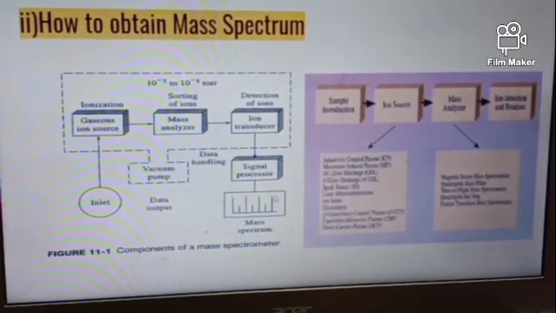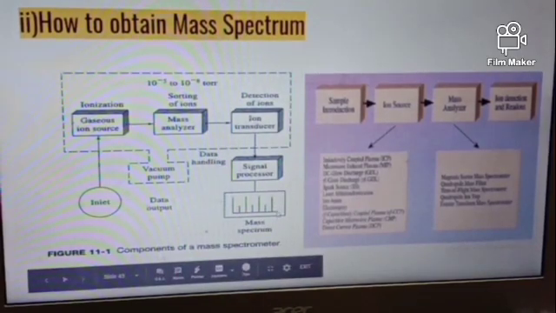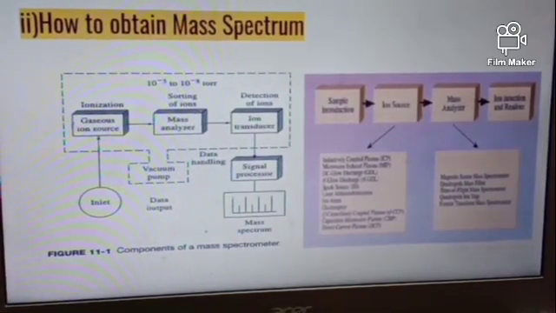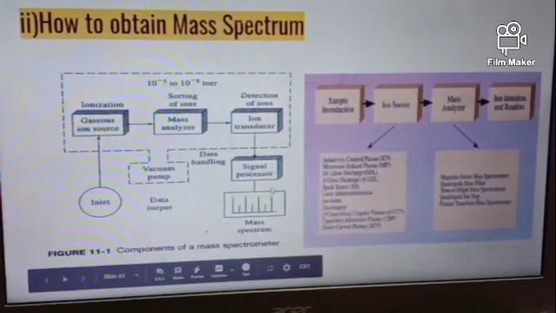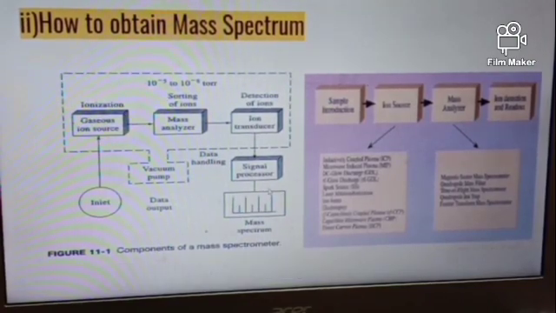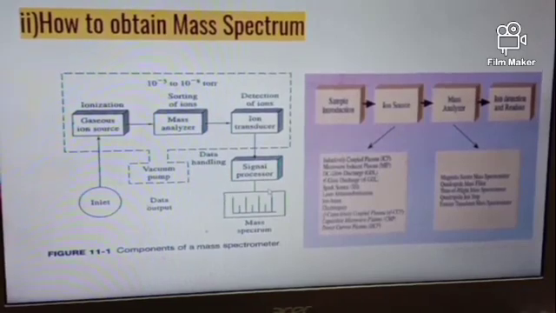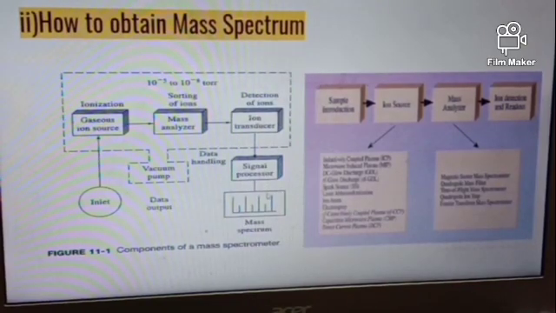Unlike most optical spectrometers, mass spectrometers require an elaborate vacuum system to maintain a low pressure in all of the components except the signal processor and readout.